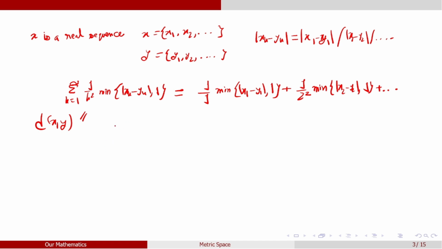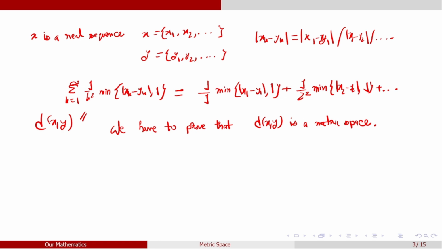Firstly, we are clear about the elements, what the elements of capital X look like. Then we are clear about the function. Now we will show that d is a metric, or more precisely that (X, d) is a metric space.